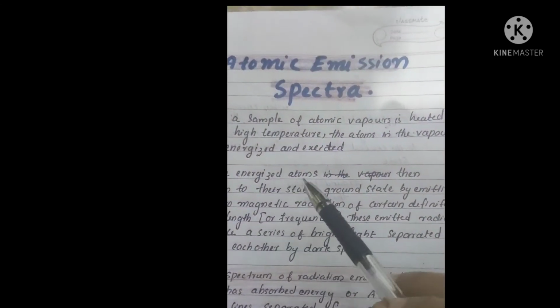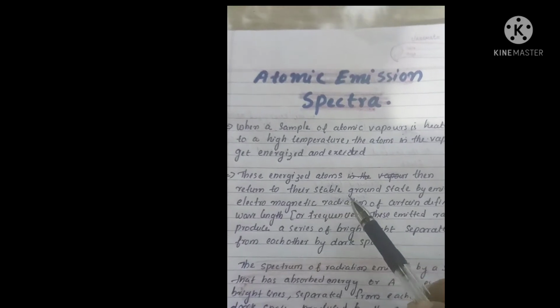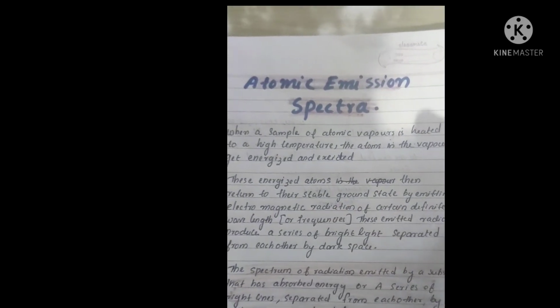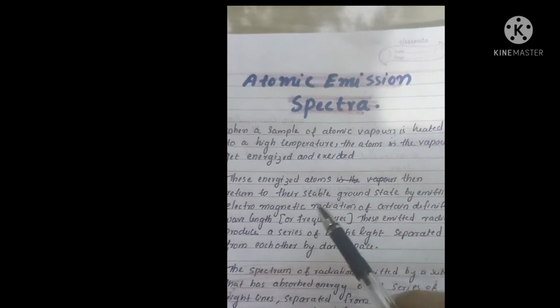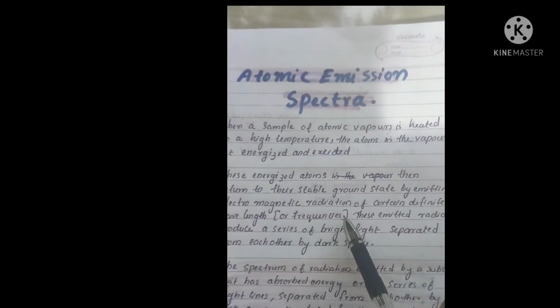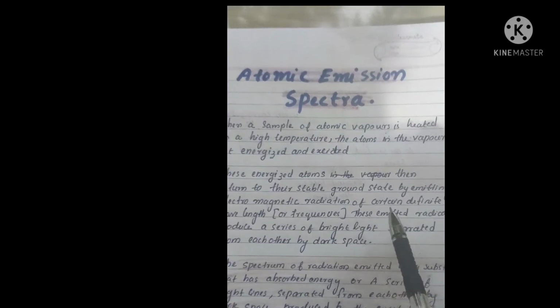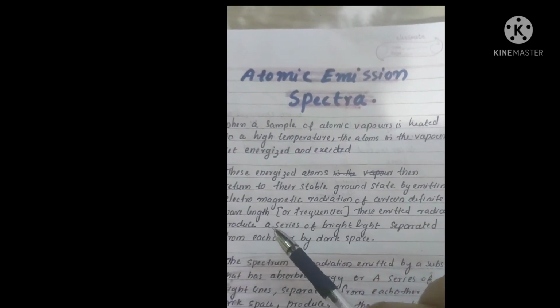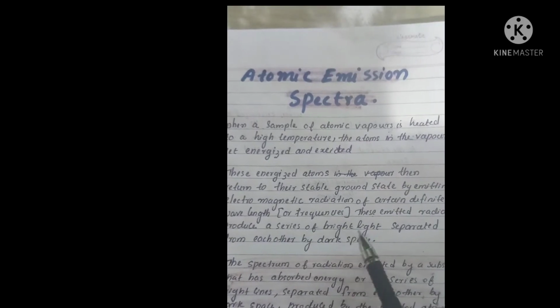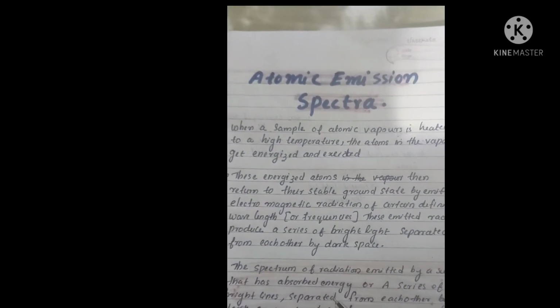These energized atoms then return to their stable ground state by emitting electromagnetic radiation of certain definite wavelengths or frequencies. These emitted radiations produce a series of bright lines separated from each other by dark space.